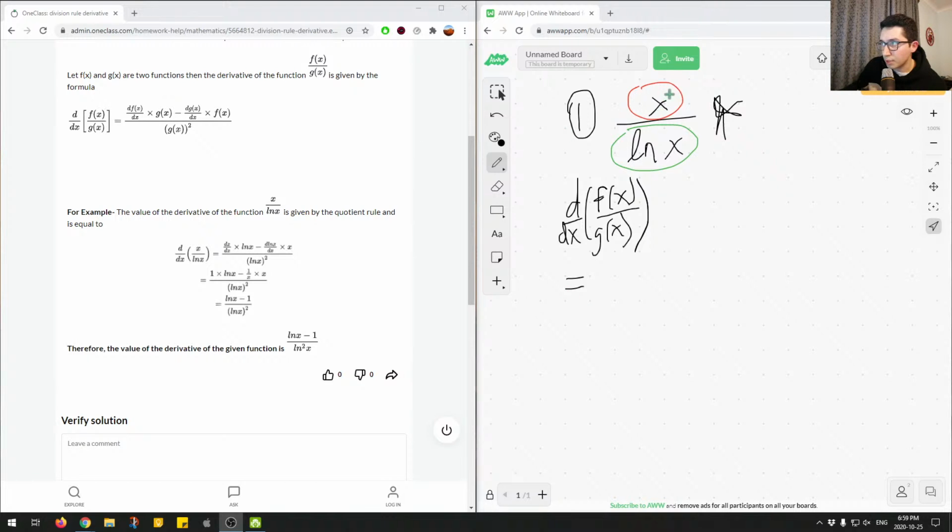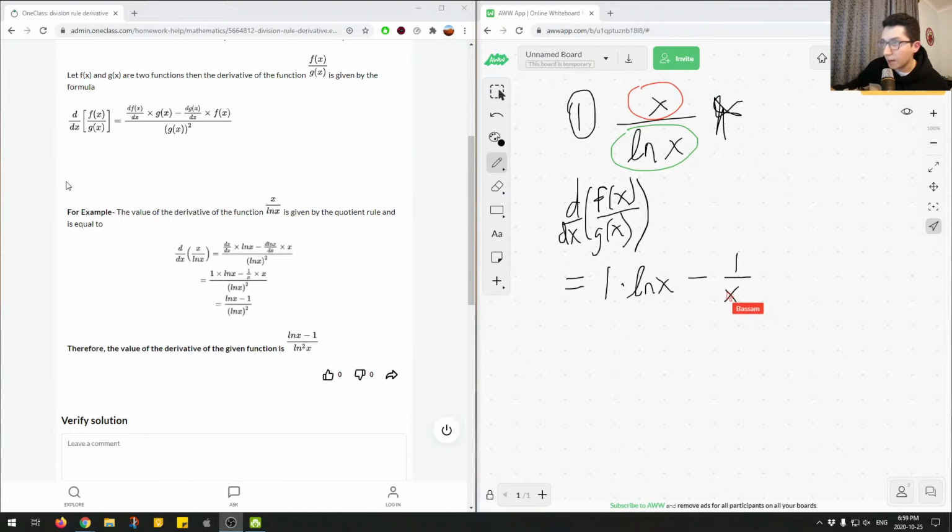So in our scenario, x is equal to f at x, so we know the derivative of that is just 1, multiplied by g at x. So we're using this equation up here, multiplied by g at x. So here is just ln x, so we know it's 1 times ln x minus the derivative of g at x, so the derivative of ln x, and the derivative of ln x is just 1 over x.